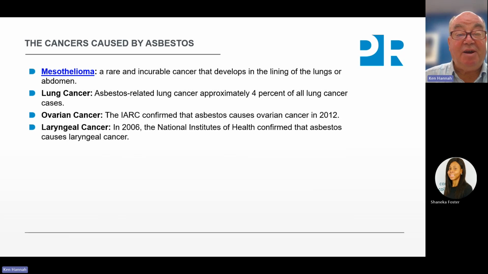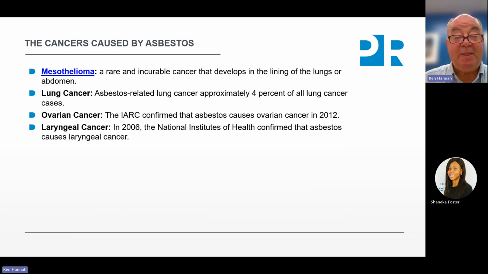Mesothelioma, a rare and incurable cancer that develops in the lining of the lungs or abdomen. Lung cancer, asbestos-related lung cancer, approximately 4% of all lung cancer cases in the UK. Ovarian cancer, the IARC confirmed that asbestos causes ovarian cancer recently as 2012.